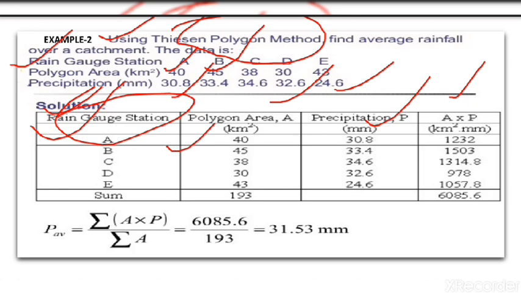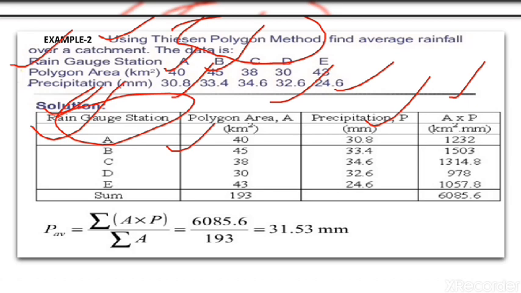We know that in the Thiessen polygon method, we have to find the influence area of the corresponding station in the form of a polygon. Generally, we find the polygon area by joining all the stations and forming triangles.